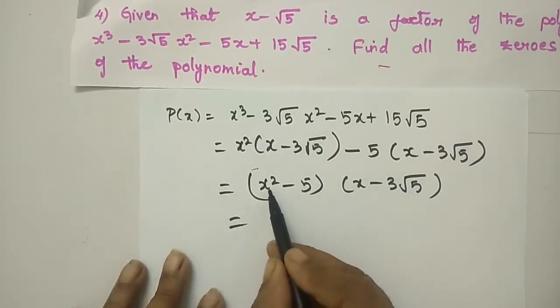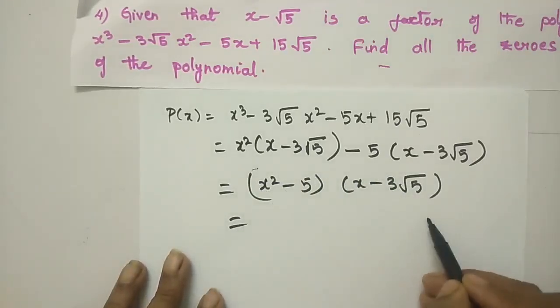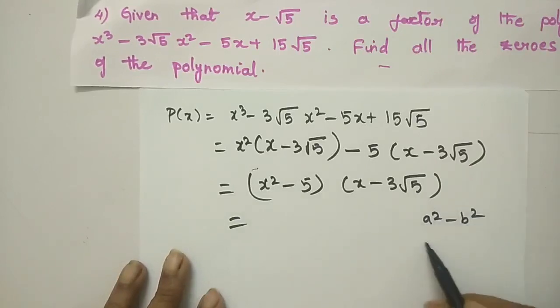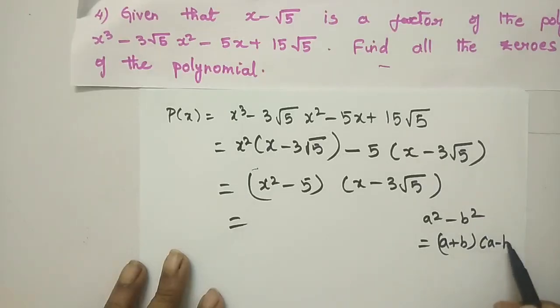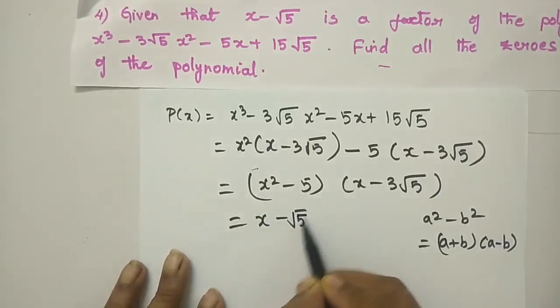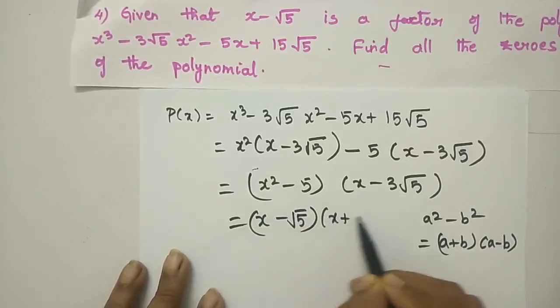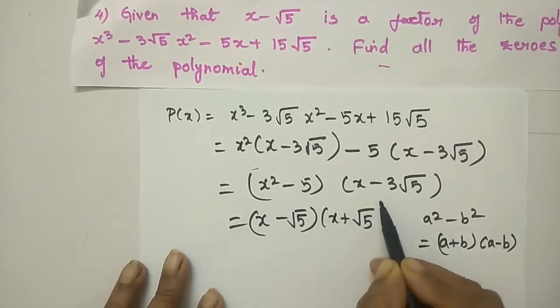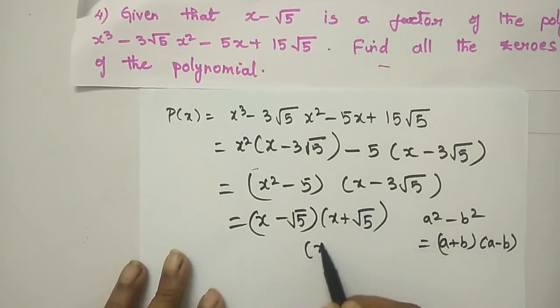This is of the form a square minus b square, is it not? This is equal to a plus b into a minus b, algebraic identity. So this can be written as x minus square root of 5 into x plus square root of 5 into x minus 3 square root of 5.